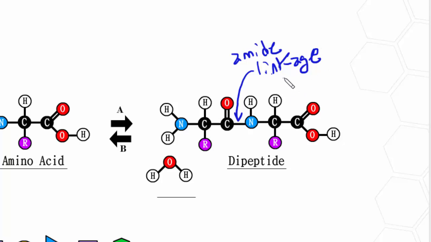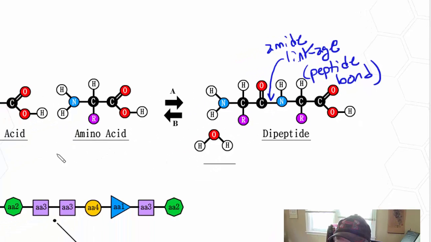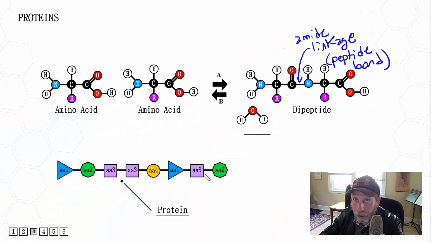But it's more commonly referred to as a peptide bond. A peptide bond is a bond between the carboxyl of one amino acid and the amino group of another. When they come together, this is called a peptide bond. So, in this protein down here, the bond between amino acids is a peptide bond.